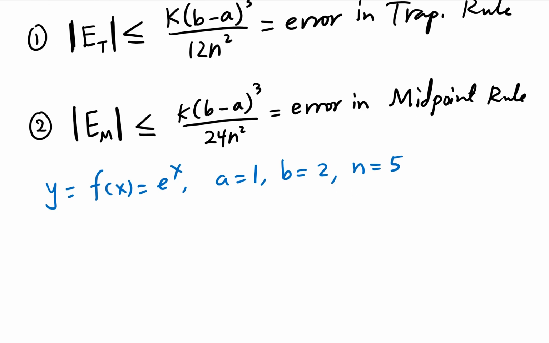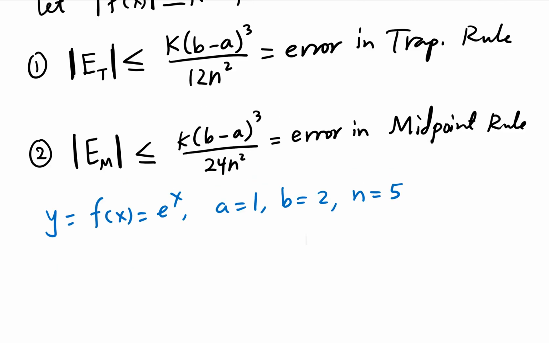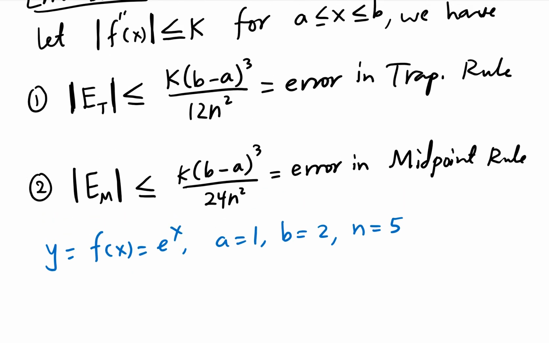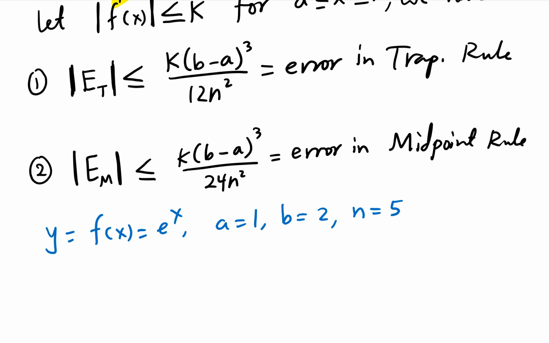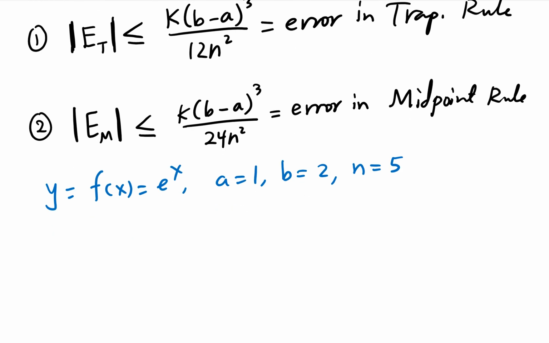To find the value of k, we deal with the second derivative. I need to find a bound on the second derivative over that interval from 1 to 2. Keep in mind that x is going from 1 to 2. That's what a and b are given.